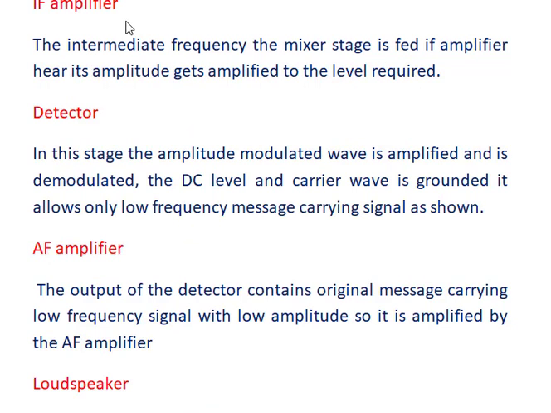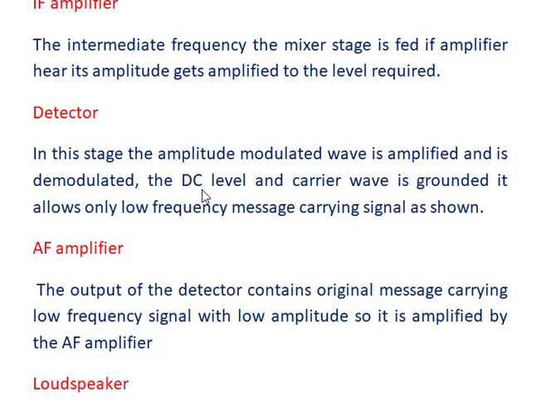Then the IF amplifier: the intermediate frequency from the mixer stage is fed to it to increase the amplitude. Its amplitude gets amplified to the required level, and then it is passed to the detector stage. In the detector stage, the amplitude modulated wave is demodulated. Demodulation means separation of the message carrying signal from the amplitude modulated wave.